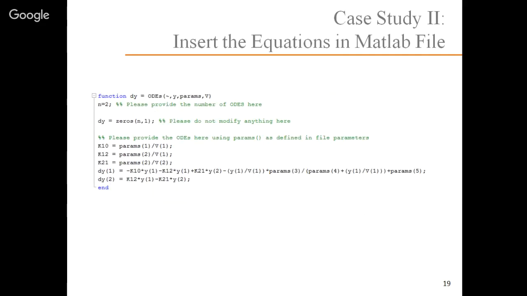Once we do that, we need to insert also the equations of our model. And here we see that our model consists of 2 equations. One is the highly nonlinear equation of the central compartment, and another one is equation 2 for the peripheral compartment.